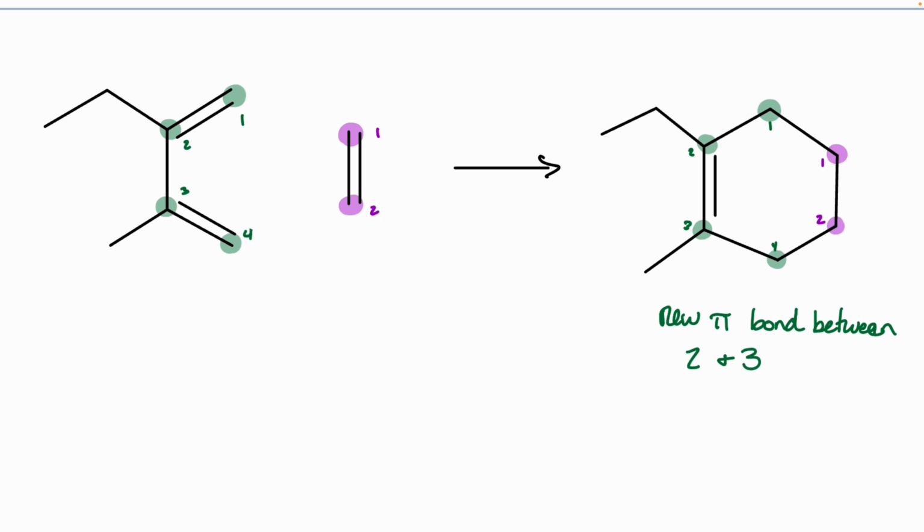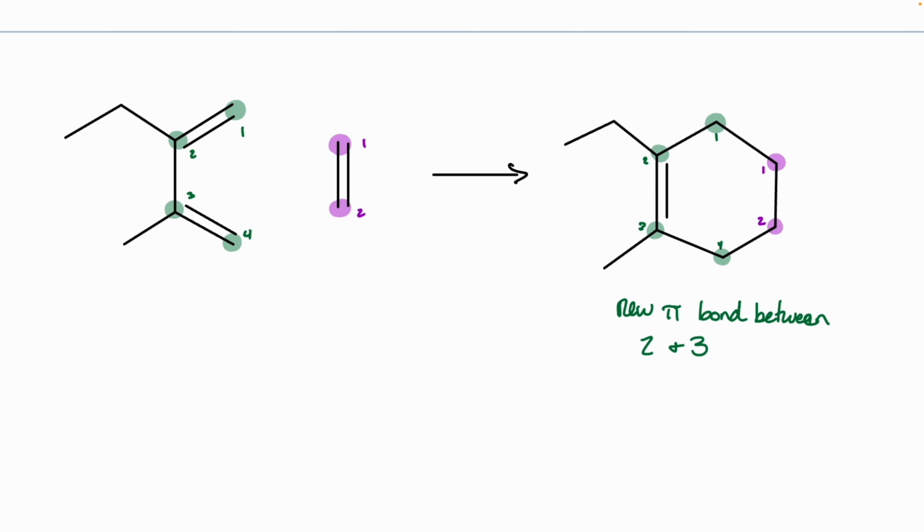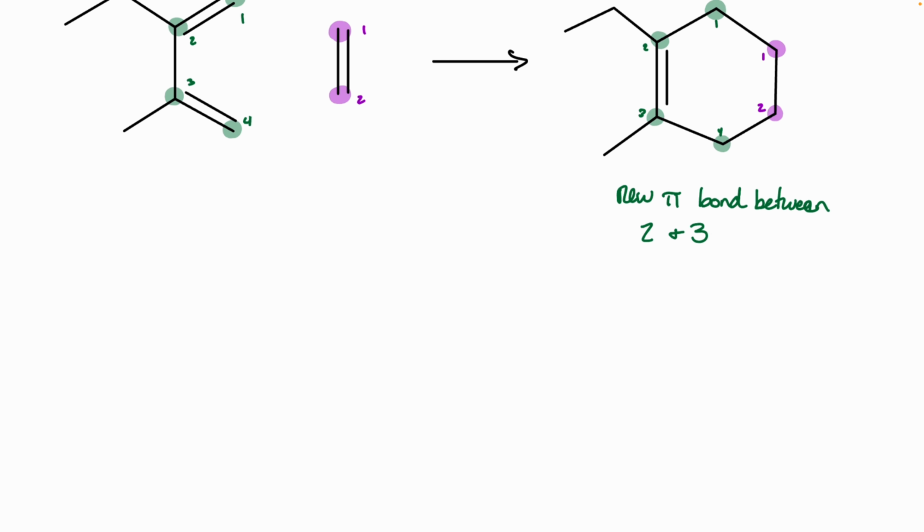Okay, so now we're going to make it a little bit more difficult. Here, I gave you the orientation that you would see in your product. So now I'm going to rotate these things around and make them a little bit more tricky.